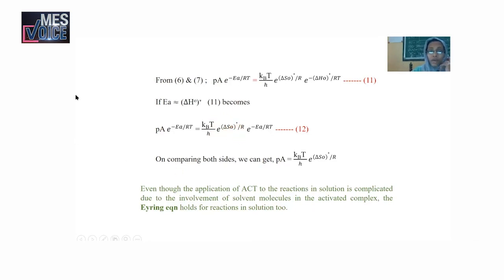Okay. This is the thermodynamic derivation of the activated complex theory. From this theory, we can calculate the activation energy, the Arrhenius pre-exponential factor and the probability factor from the known values of thermodynamic functions like delta S, delta H and delta G at a particular temperature.